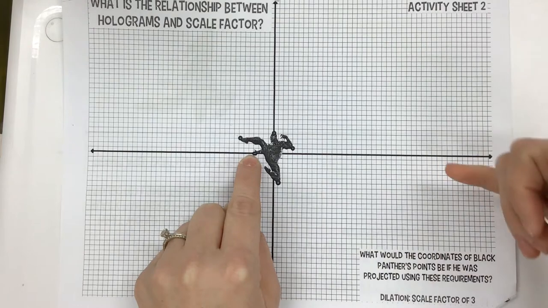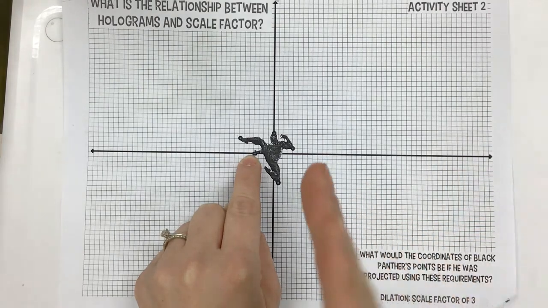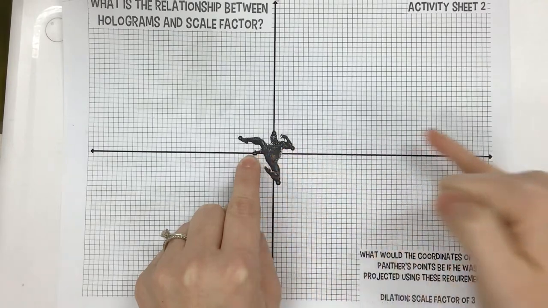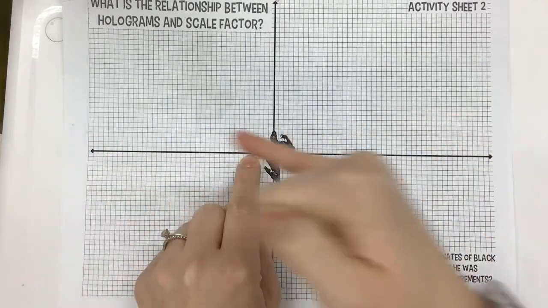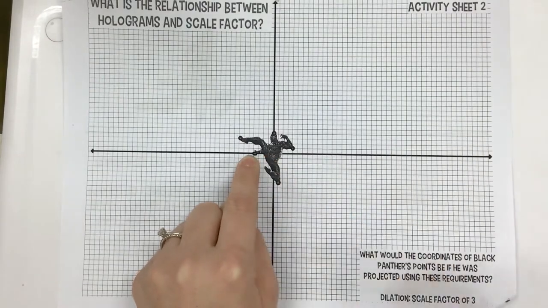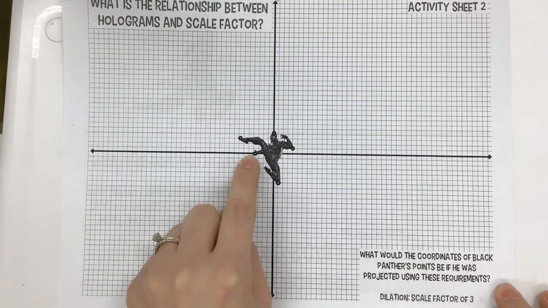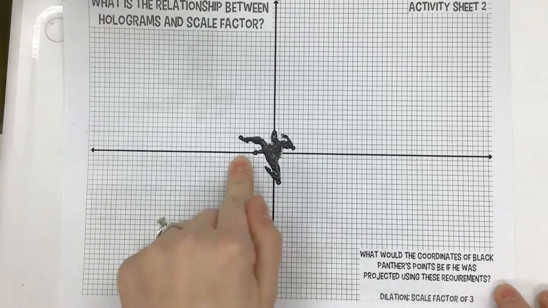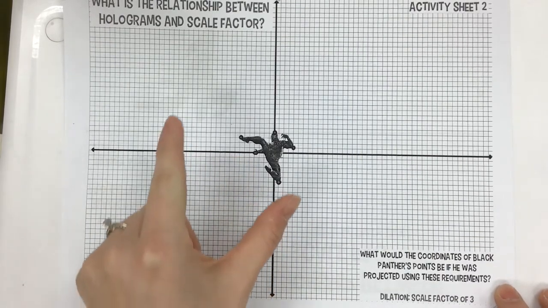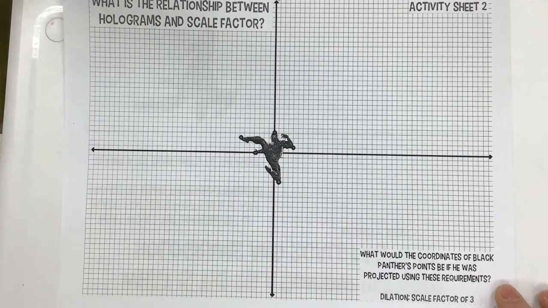And so because your coordinates are x, y, negative 4, 0. Because it doesn't move up or down, it stays on the x-axis. Okay, so that would be negative 4, 0. Pause the video here so that you can get the coordinates of all 5 points.